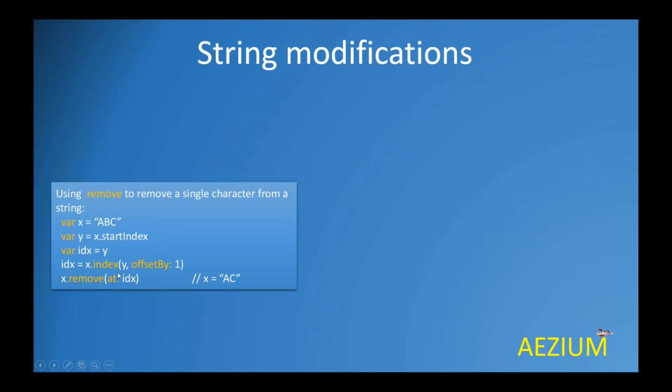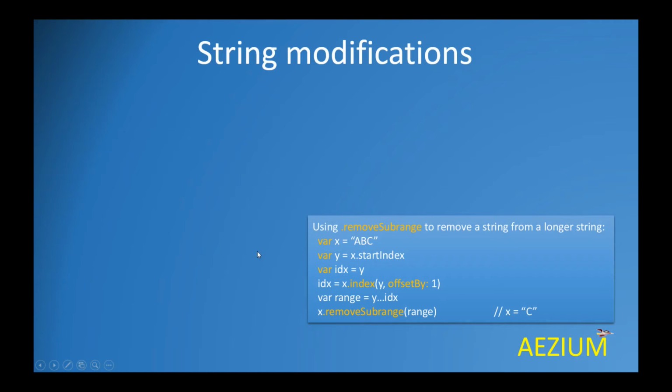So what this is saying is that we take x and remove the character which sits at the position pointed at by index idx, which is equal to 1. And in this case, we're talking about b. So as a result of this operation, b is removed, and what is returned is ac.